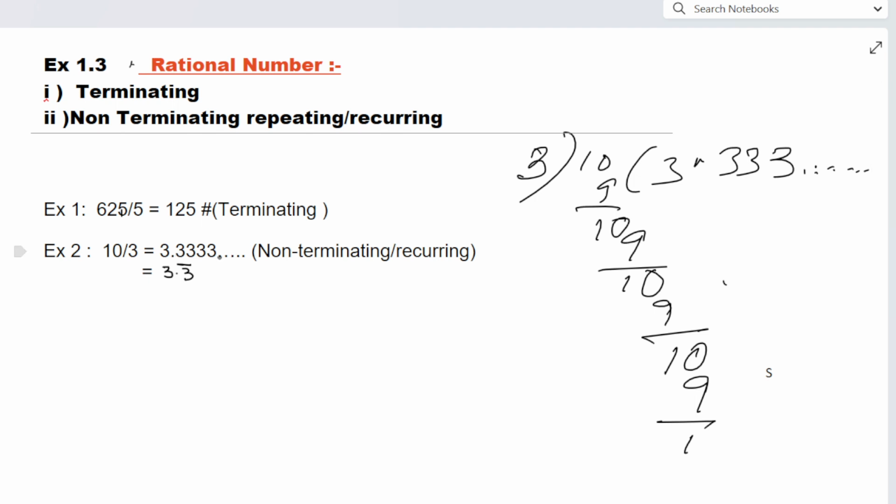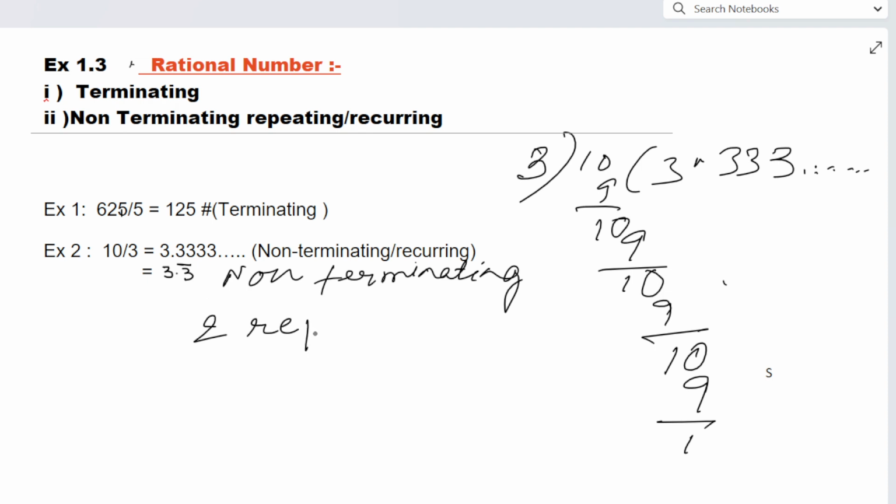So this is non-terminating. It is not ending. Non-terminating means non-ending. At the same time, this 3 is repeating. So what will this decimal form be called? This will be called non-terminating, because it is not ending, and at the same time it is repeating.